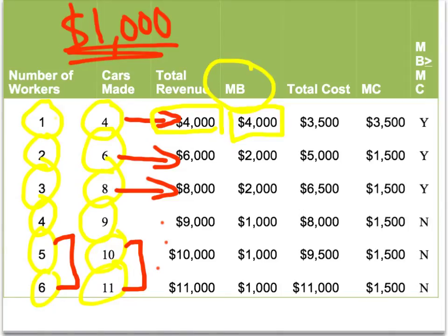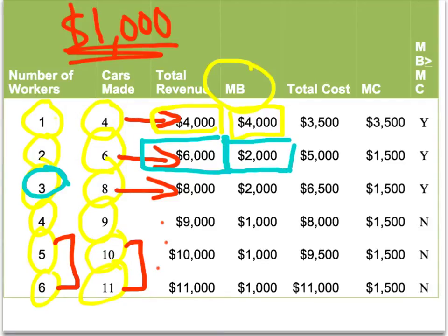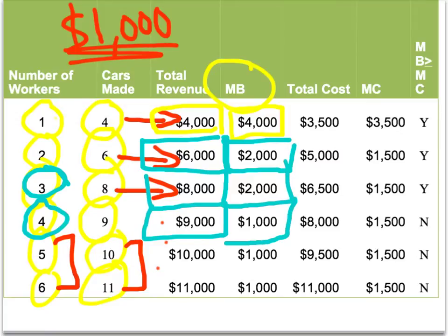When you go from the first worker to a second worker, you go from 4,000 to 6,000, so the difference is 2,000. When you hire the third worker, you go from 6,000 to 8,000. That difference is 2,000. When you hire the fourth worker, you go from $8,000 in revenue to $9,000, so the marginal benefit is $1,000. Okay, I think you get the idea.